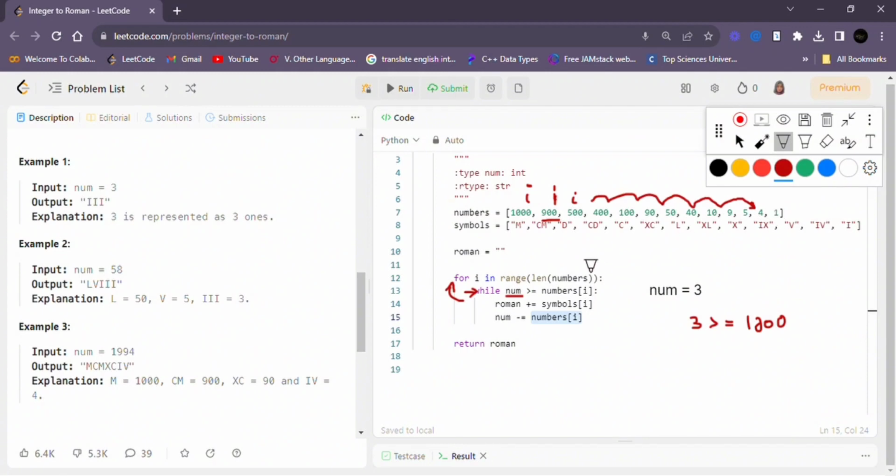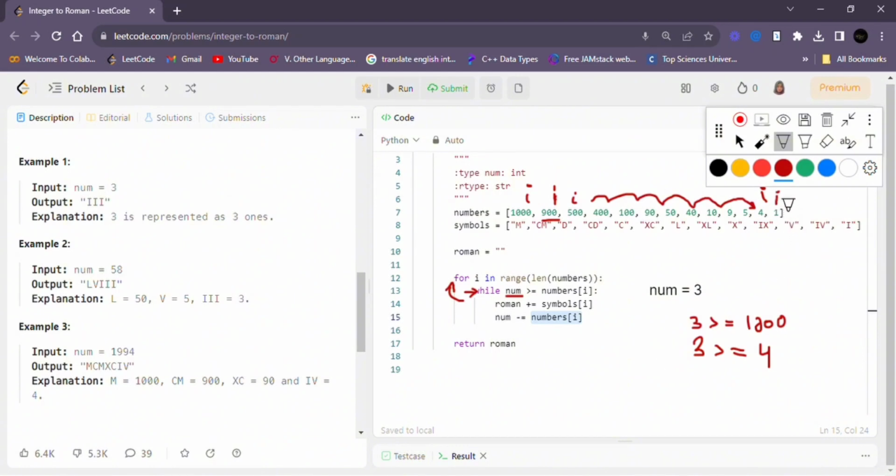It will check whether num is greater than or equal to numbers of i, which is 4. The condition is not satisfied, so again our for loop will run.